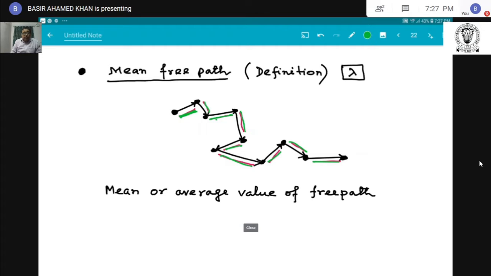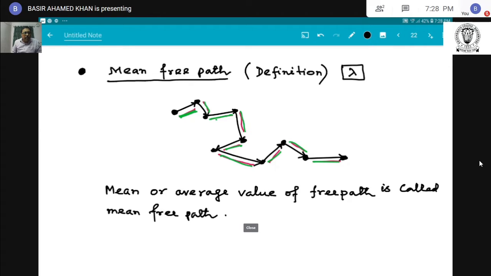This path is called free path, and the mean or average value of free path is called mean free path. This is called mean free path.